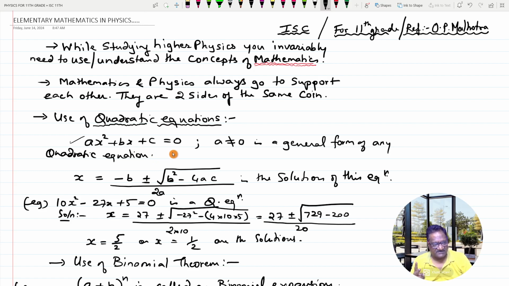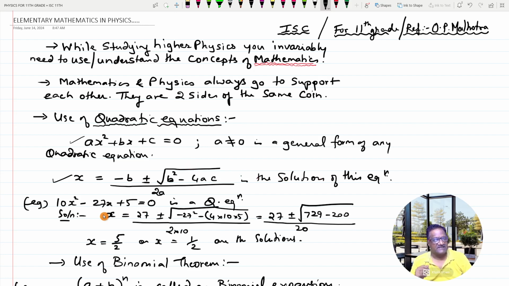These two solutions of x you can get by using this formula: x is equal to minus b plus minus root of b square minus 4ac, whole divided by 2a. This is the formula used in mathematics to get the solution to the quadratic equation. You will always get two solutions for the x variable because it's a quadratic equation.